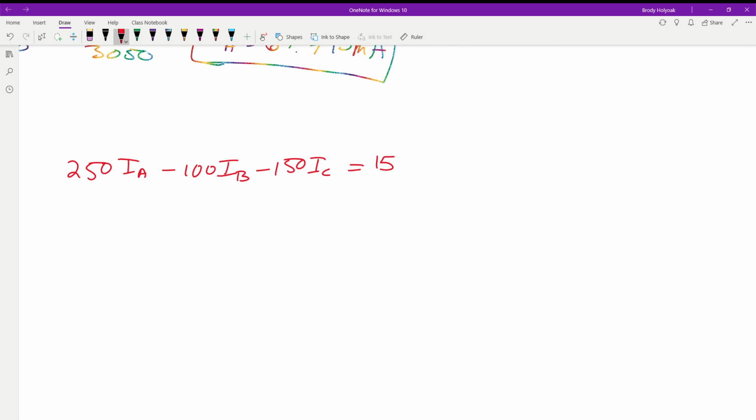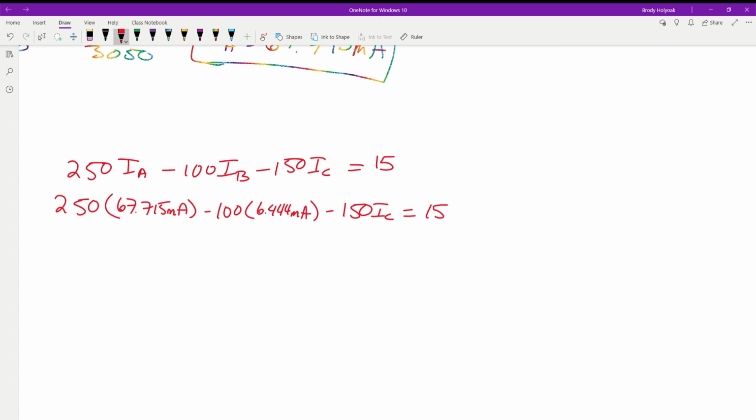So now I'm going to plug these values in for the ones that I have and we'll solve for IC. So we have 250 times IA, which is 67.715 milliamps. We have minus 100 times IB, which is 6.444 milliamps, minus 150 IC is equal to 15.